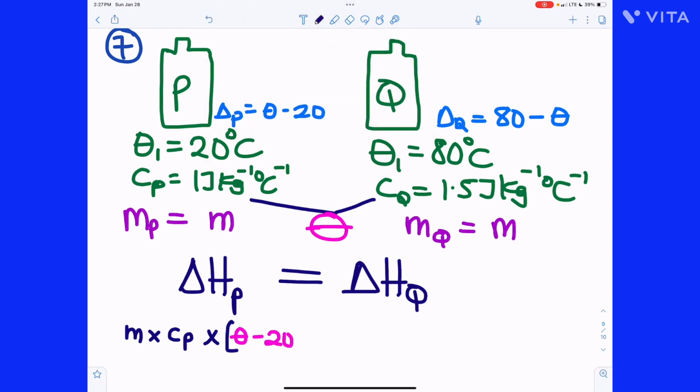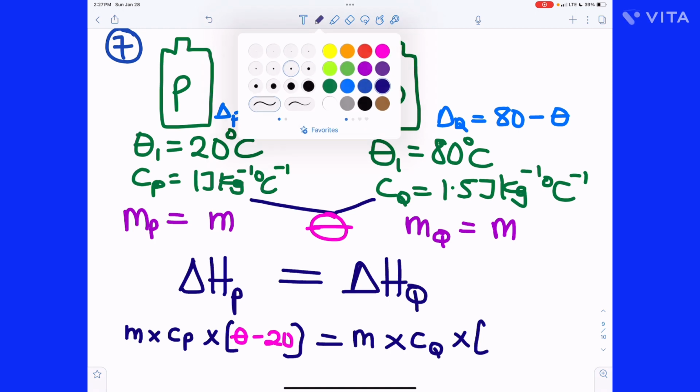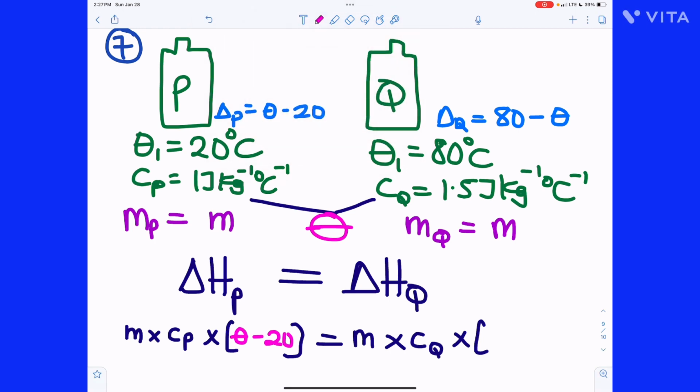Then the second one, heat lost by Q will be mass of Q, which is the same M, times specific heat capacity of Q, times change in temperature of Q, which is 80 minus theta. So take note of that, because its temperature will drop from 80 to theta.